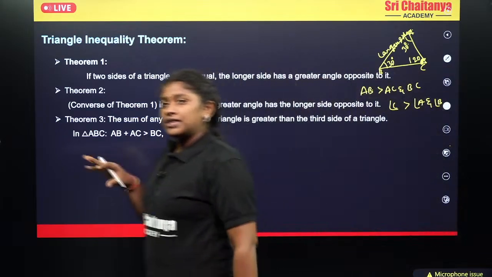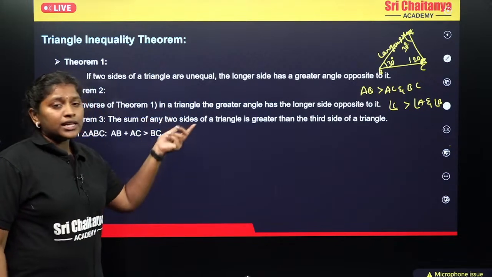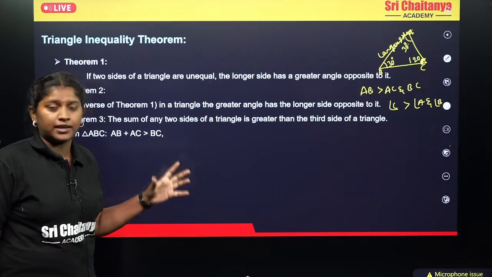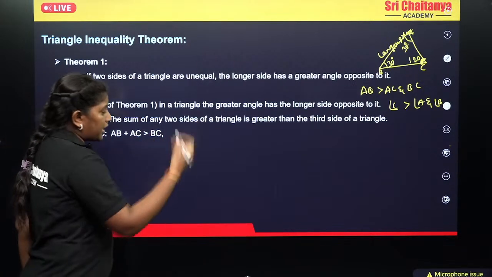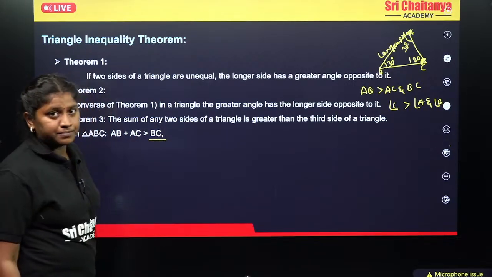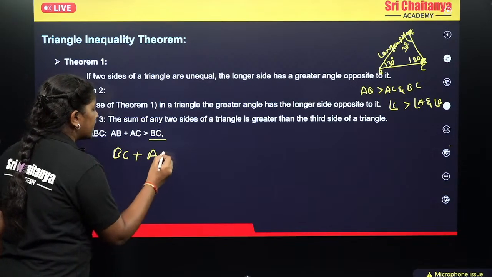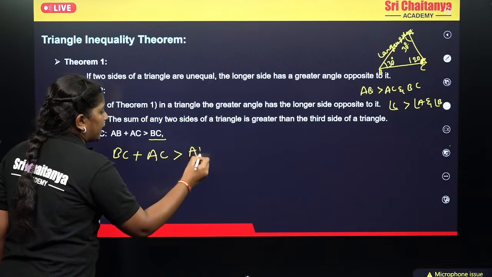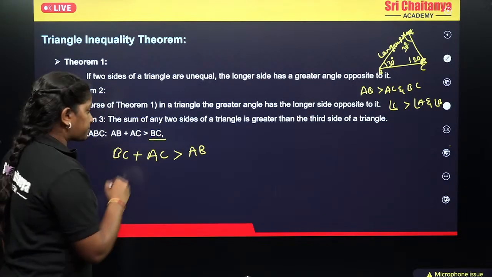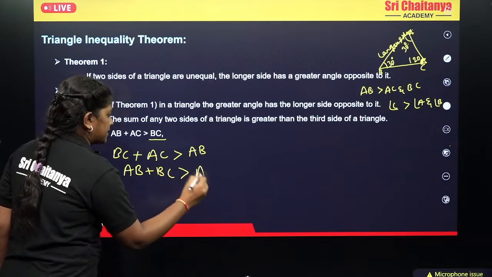Now coming to the third one. It is the easiest one, but we need to check three conditions. If you take the sum of any two sides of a triangle, that sum should be greater than the third side. In triangle ABC, AB plus AC should be greater than BC. Also BC plus AC should be greater than AB, and AB plus BC should be greater than AC.